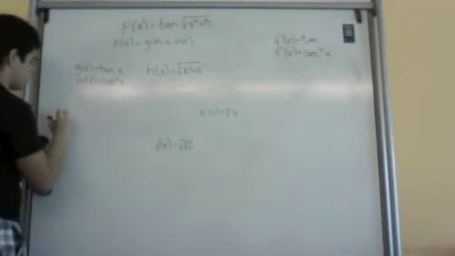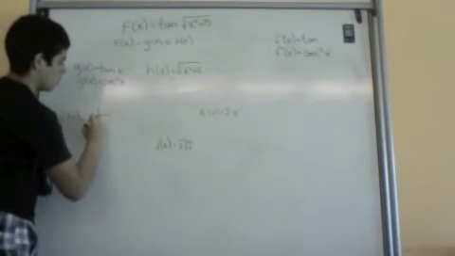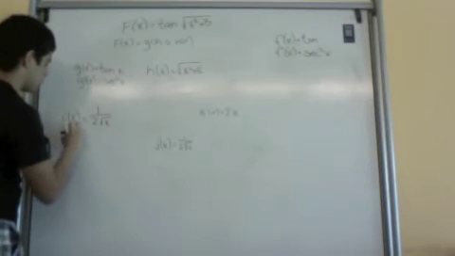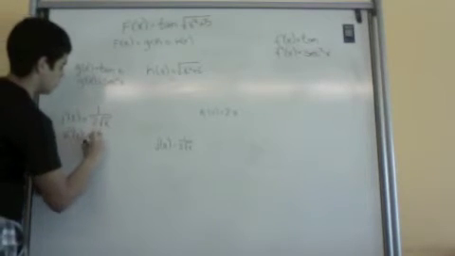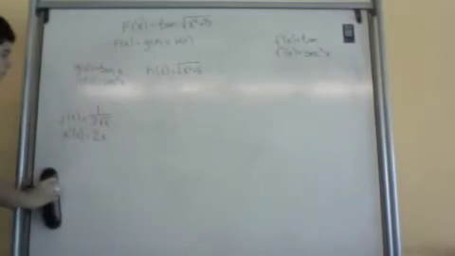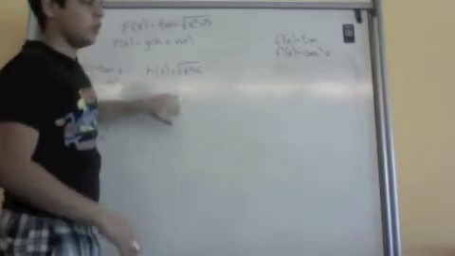So as we said, j prime of x is equal to 1 over 2 square root of x. And k prime of x is equal to 2x. Okay, so to derive h of x, we need to use the chain rule.